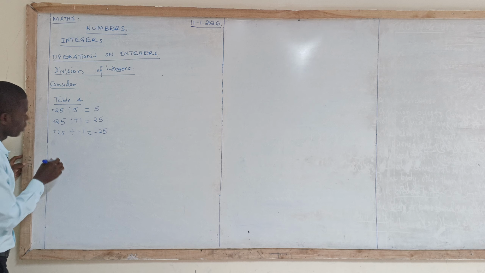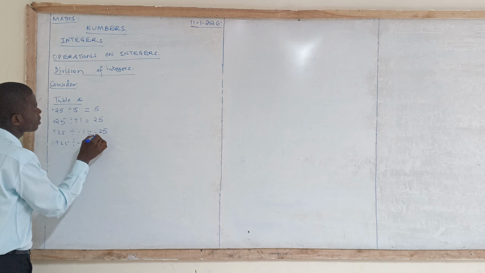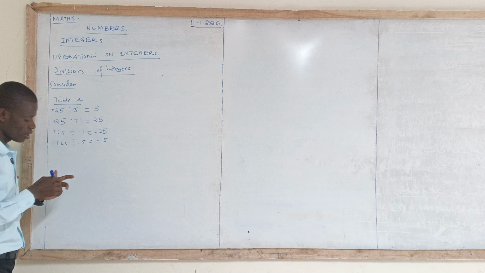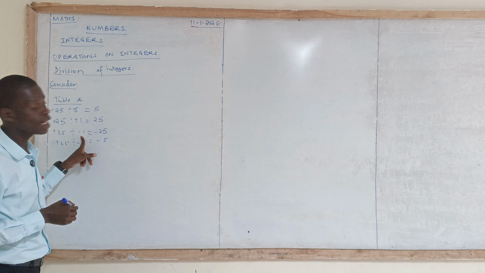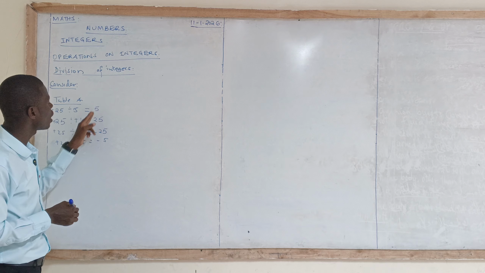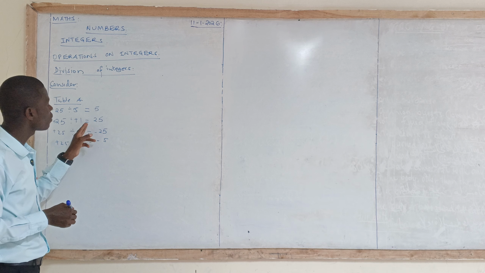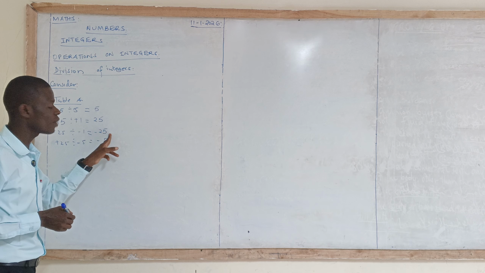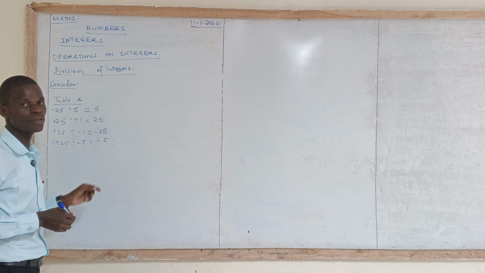The same, if I have positive 25 divided by negative 5, I still have negative 5. Remember, I'm going backwards. Why? I'm introducing a negative here to see if there's a pattern formed here.